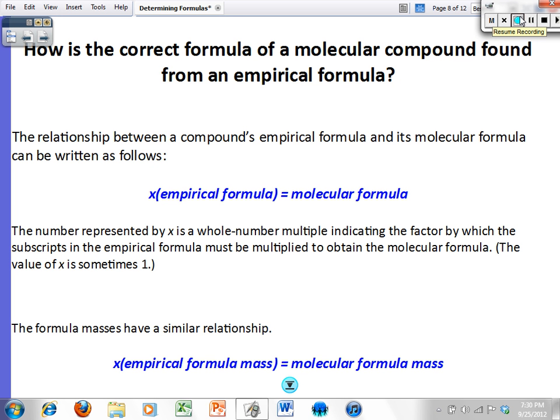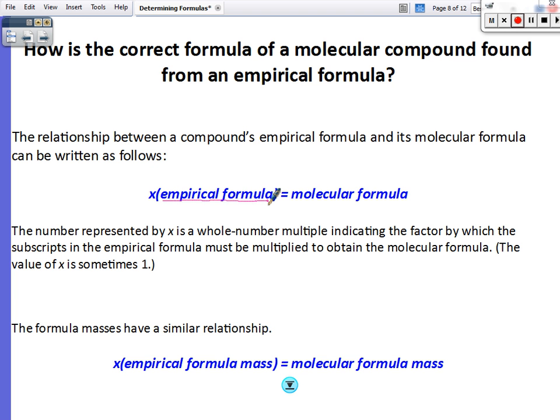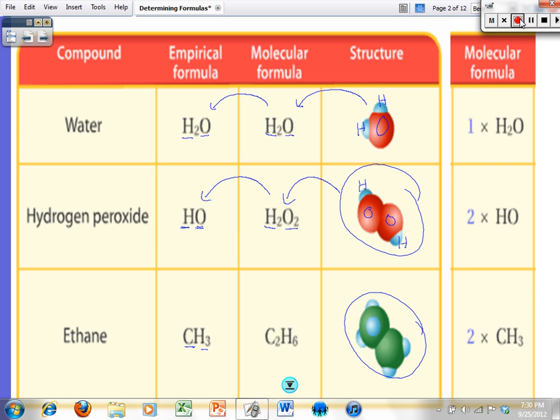You want to go ahead and put down X times the empirical formula will give you the molecular formula. So if you did what we just did and found the empirical formula, you can then find this whole number ratio to find the molecular formula. I'm going to go back and show you that picture again.